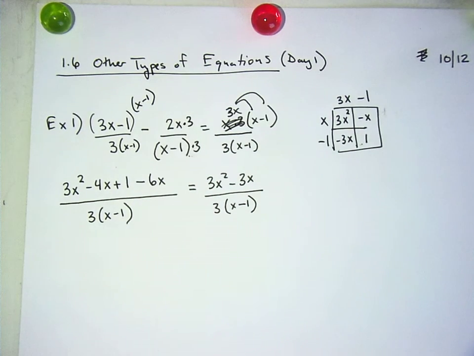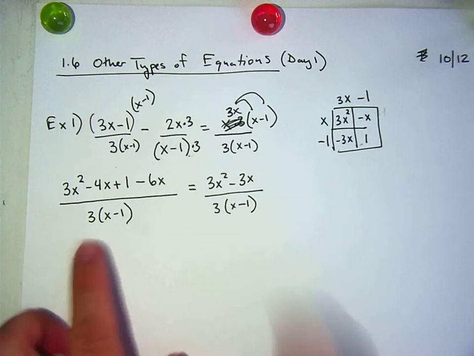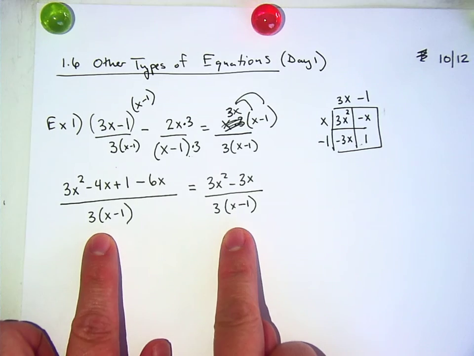I'm just going to slow down for a moment. Do you guys see how right now it's divided by 3 times x minus 1 on both sides?